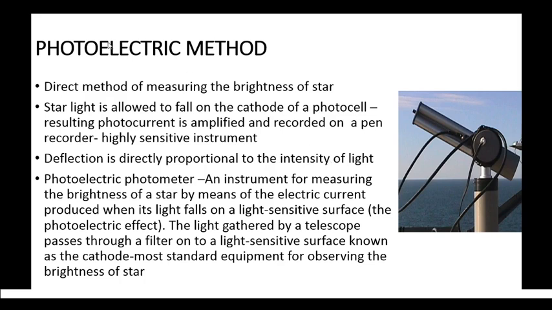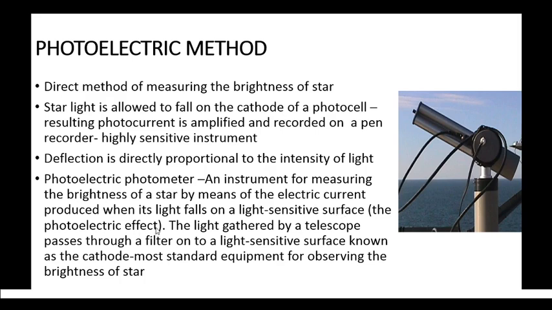See, what is the term photoelectric method? Is there any other similar term you know? That is photoelectric effect, isn't it? So this method employs the photoelectric effect. There is an instrument called a photoelectric photometer, which is used for measuring the brightness of a star by means of electric current produced when light falls on a light sensitive surface, a process known as the photoelectric effect.